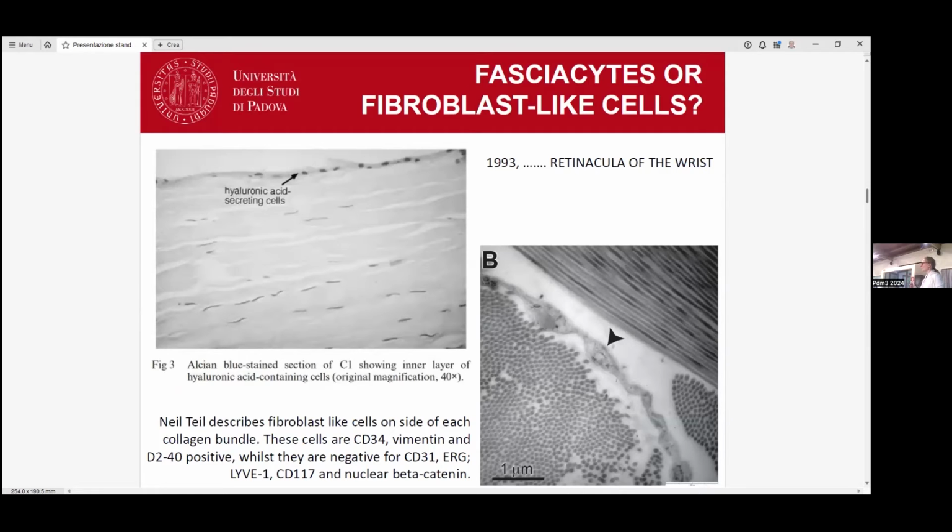So on the surface of the retinacula of the wrist, they show this line of cells that are able to produce hyaluronan. Again, they are on a very important gliding surface of the fascia, because in the retinacula we have a lot of movement, and consequently we have a very well organized line of cells.